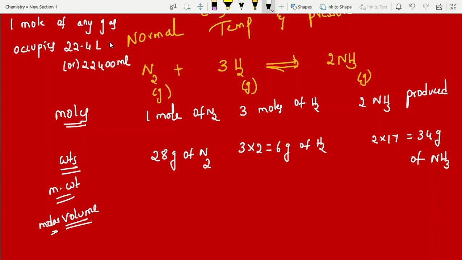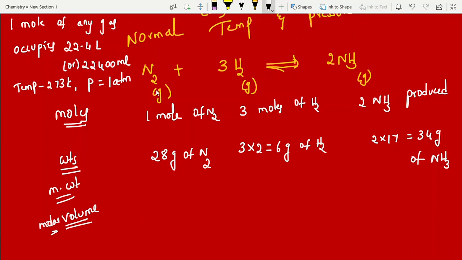Dm cube or centimeter cube, your wish. Next, temperature 273 Kelvin and pressure 1 atmospheric pressure. These are standard conditions. If you know standard conditions, then the numerical part is easy.